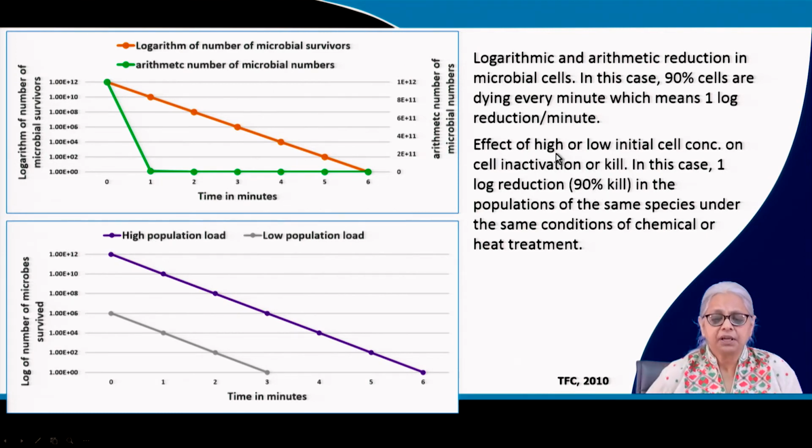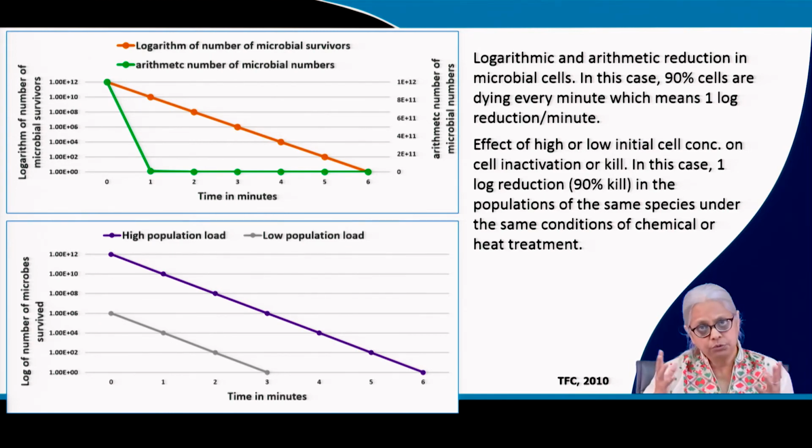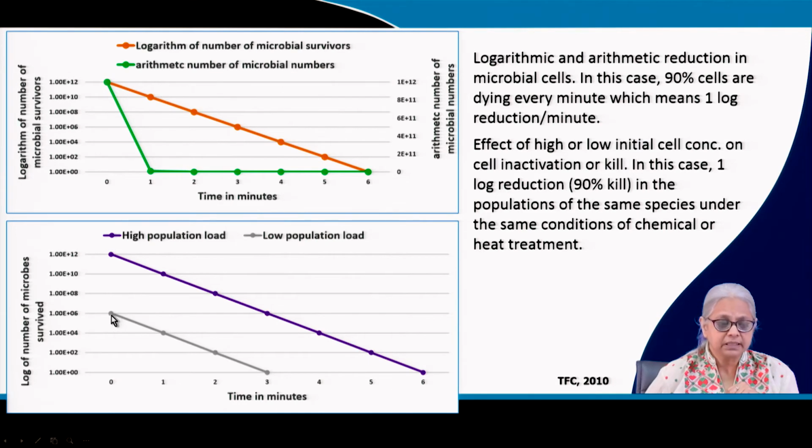In terms of the effect of high or low initial concentrations, let us say I have two samples. One has 1 million cells, and the second has 10 to the power 12 cells per ml, and I want to know how much time it takes to reduce it by 1 log or 2 logs or 3 logs, whatever it is. If we look at the 1 million sample, I'm getting 6 log reduction in 3 minutes.